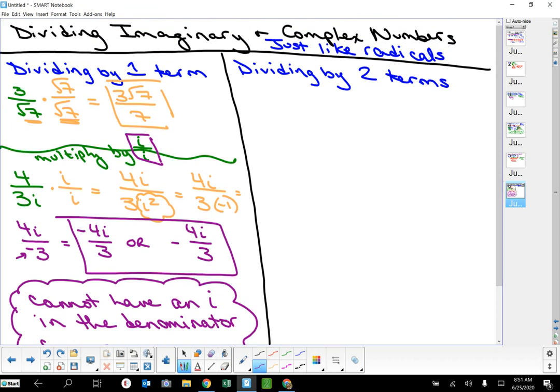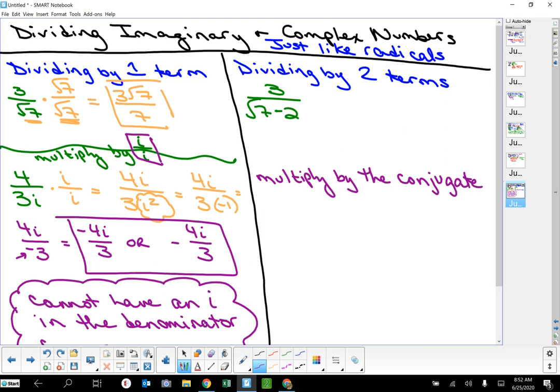Now, dividing by two terms, let's go back to the idea of the radical. So here maybe you had 3 over rad 7 minus 2. I don't know if you recall, but we did what's called multiplying by the conjugate. If you need to remember, I'm looking back in my notes.